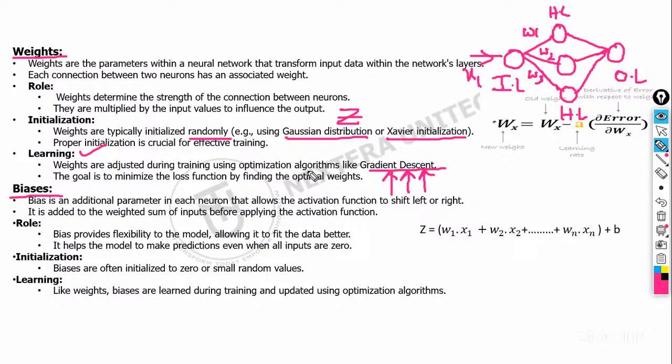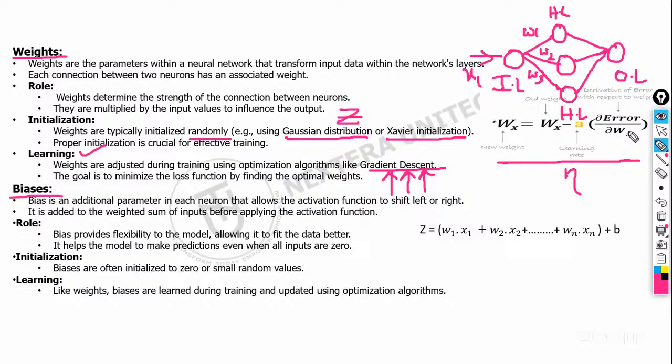Okay. So we'll talk about gradient descent in the coming sessions, but this is the formula that it uses for adjusting weights as part of back propagation. New weight is equal to old weight minus eta, the learning rate, multiplied by the partial derivative of error, nothing but loss, divided by the partial derivative of old weight.